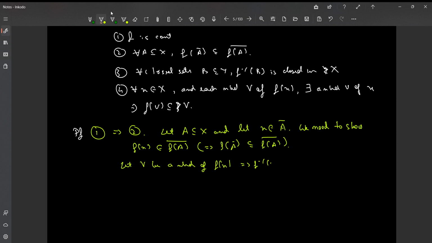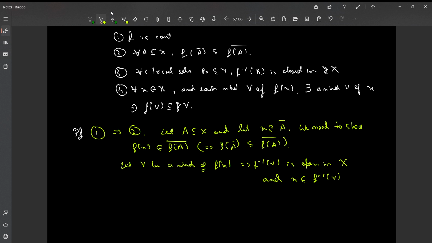That basically implies V is open, so f inverse V is open in X. And since V is a neighborhood of f(x), x obviously belongs to f inverse V. This is exactly what we said while discussing the epsilon delta definition: if you consider a neighborhood of the point f(x0), then x0 must be inside the inverse image of the neighborhood. So x is in f inverse V.